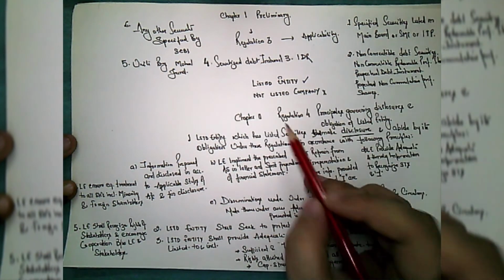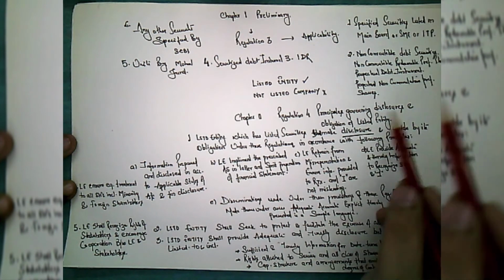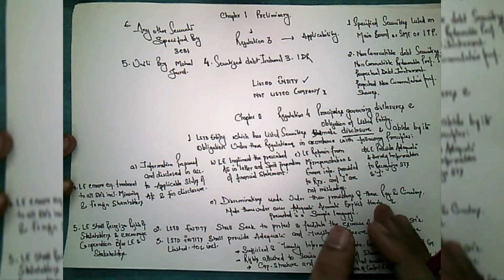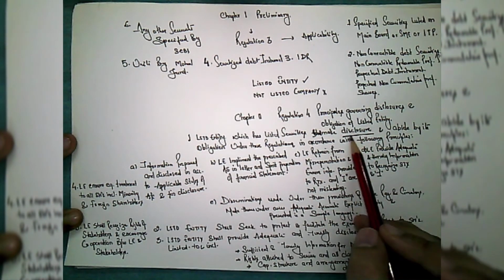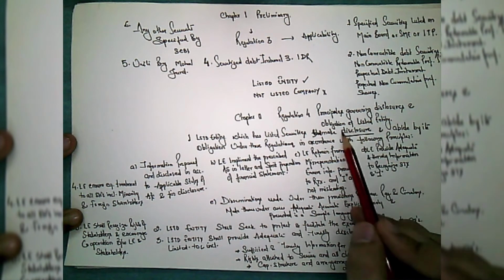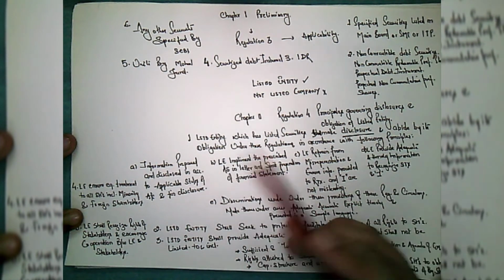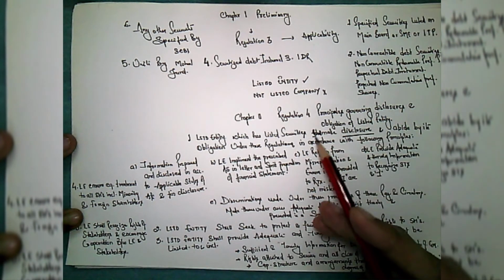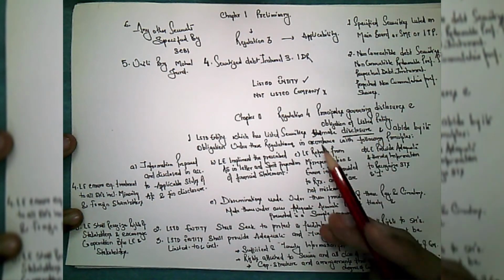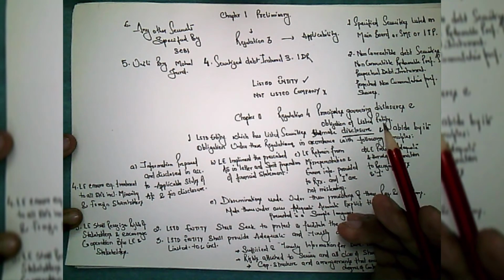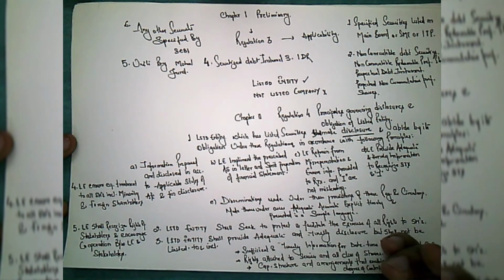Moving on to chapter 2, it says principles governing disclosure and obligation. The listed entity needs to disclose and abide by the obligations under which they need to provide timely information, follow the accounting standards, and provide adequate and timely information to the investors.